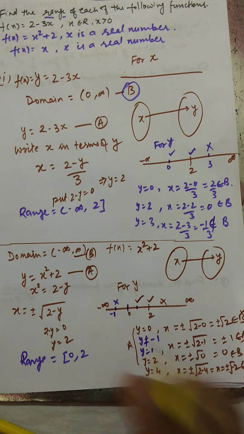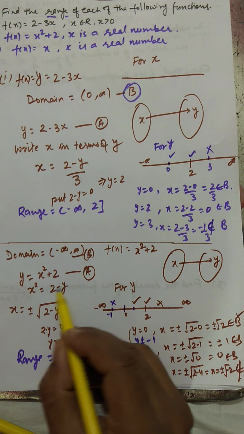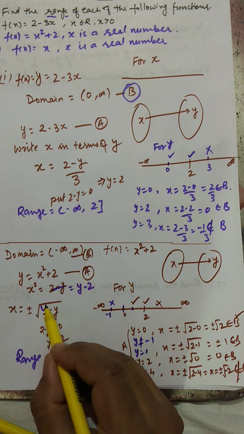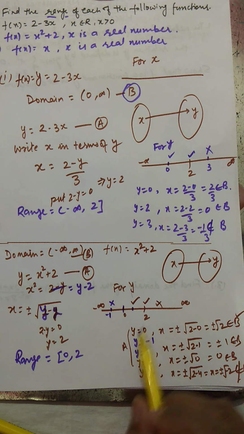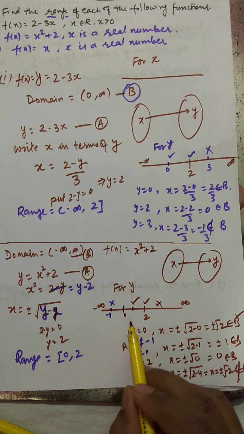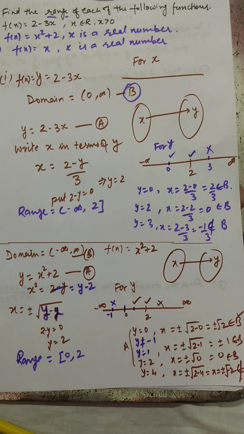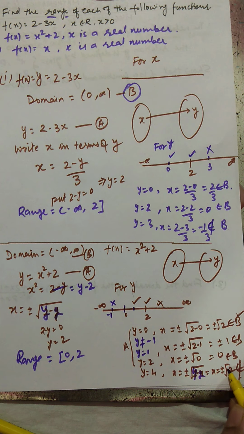A little correction is required. You see that x square was, this is nothing but y minus 2. So this is y minus 2. Now all these are fine, we can check again, this is fine. But now we have to see for that also. For y equal to 4, it's going to be 4 minus 2, which is plus minus root 2.